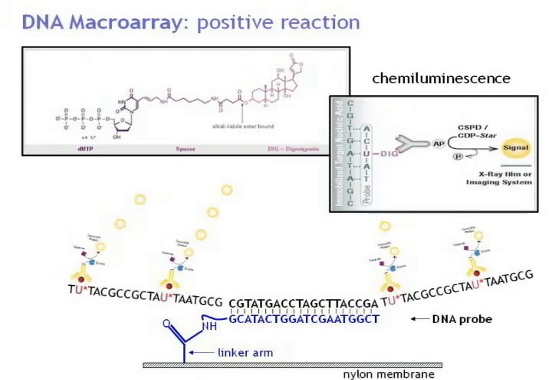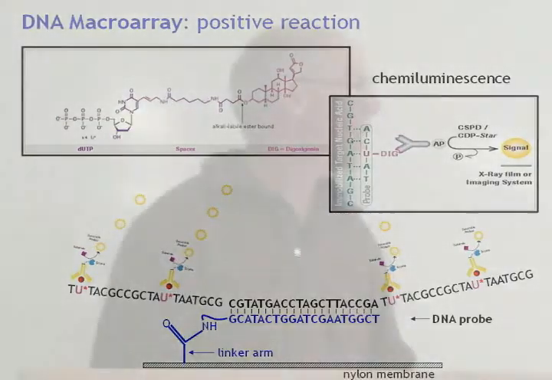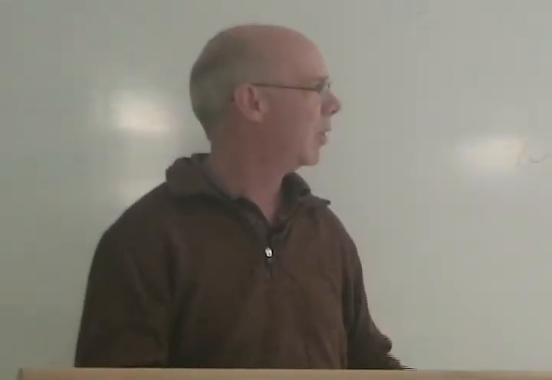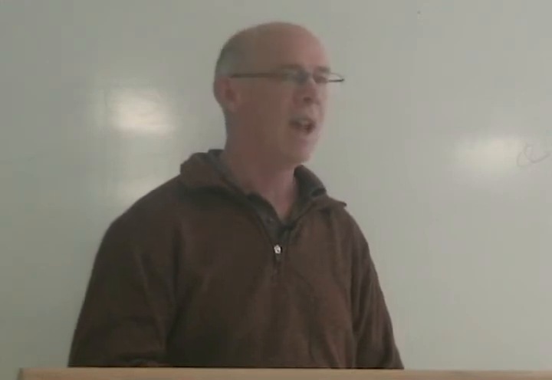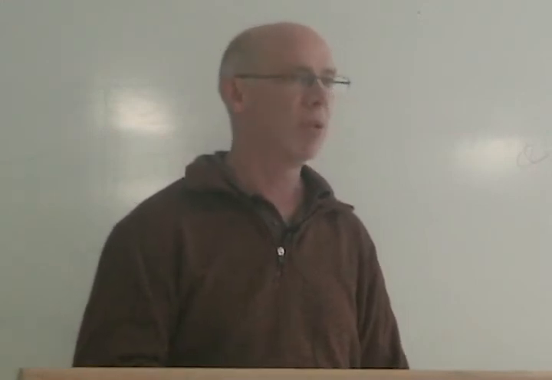This is your DIG molecule here, and it's attached to your alternate DNA-based dUTP, which is incorporated into your PCR amplification product. During the hybridization, once the probe has bound to the sample DNA, we added an antibody that's labeled with an enzyme.